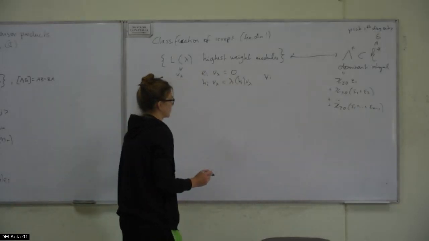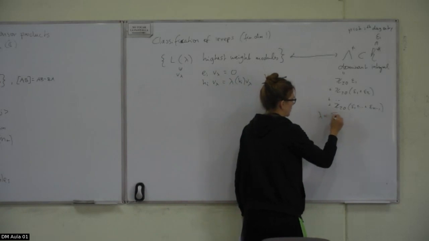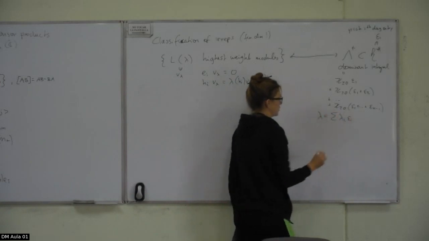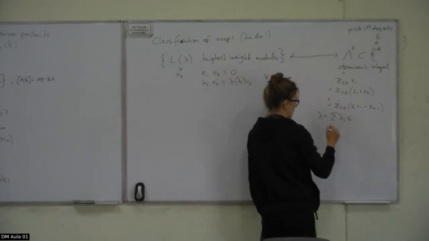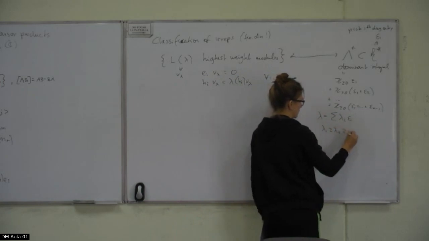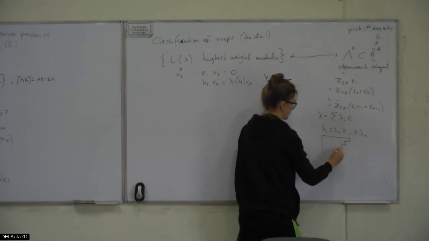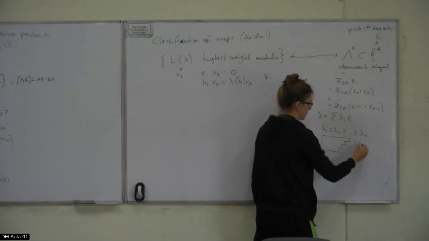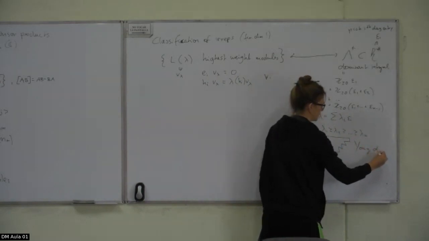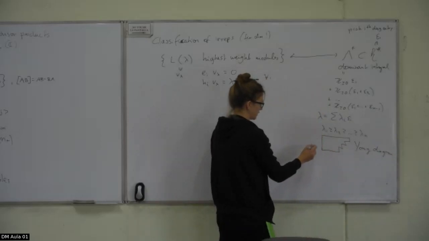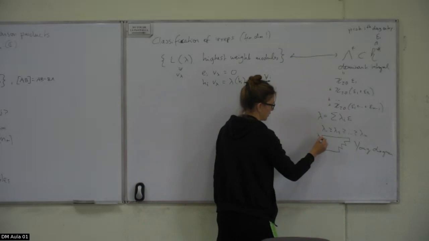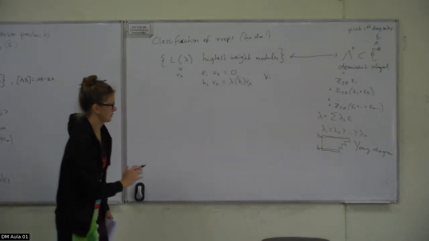And so if we write lambda in terms of these epsilon_i and we collect the coefficients, then we find that lambda_1 has to be greater or equal than lambda_2 and so on, greater or equal than lambda_n, which gives rise to these famous Young diagram pictures that encode such a weight, with the first row having length lambda_1 and so on until the last row having length lambda_n. So it's a very ugly one.